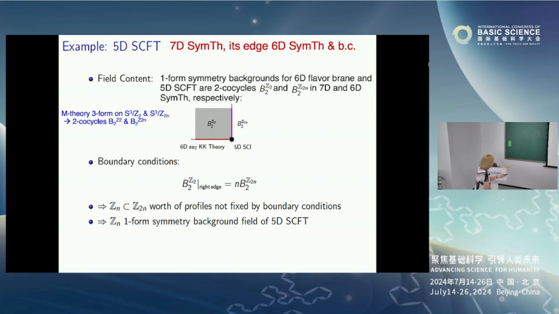So instead of naively thinking that we are dealing with a Z_2N one-form symmetry, we really have only N one-form symmetries that still survive. So it's this boundary condition associated with the bulk symmetry theory, the boundary, and that fixes for us really the true one-form symmetry of the theory.